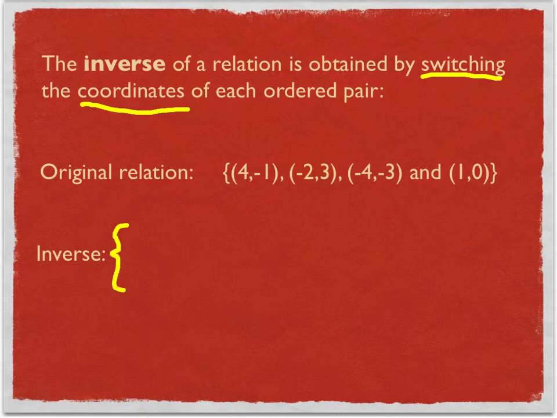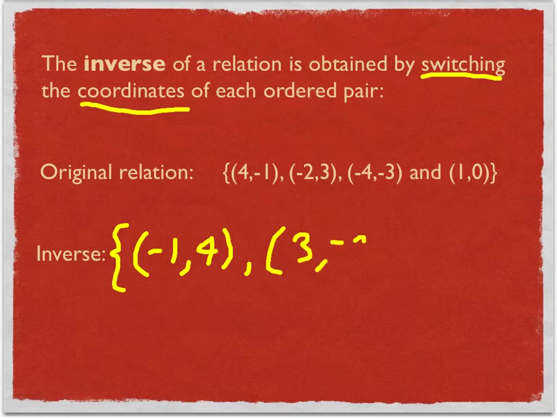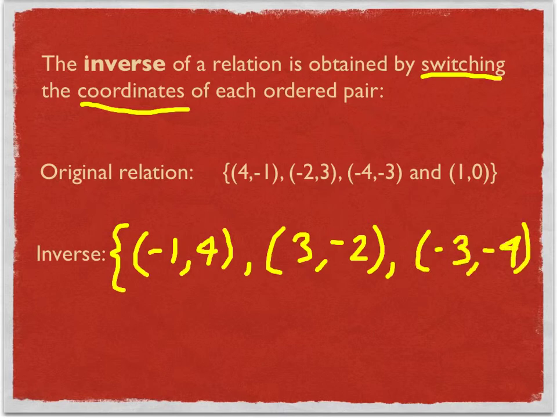So if we write down our inverse for the relation we're given here, 4, -1 becomes -1, 4. And -2, 3, of course, becomes 3, -2. Next one becomes -3, -4. And your last one becomes 0, 1. That's all we mean for an inverse.